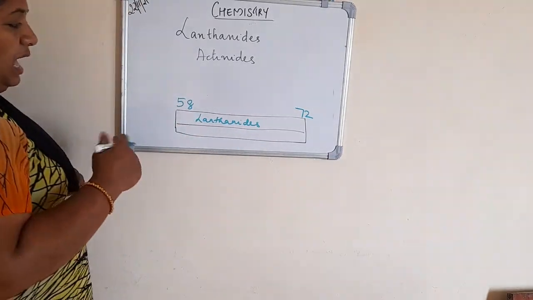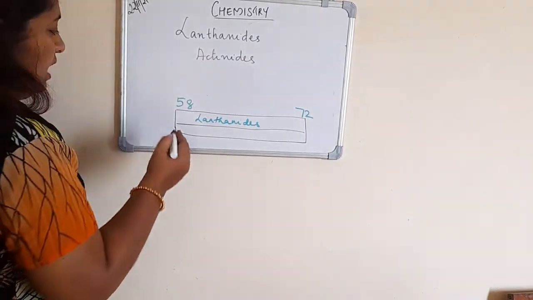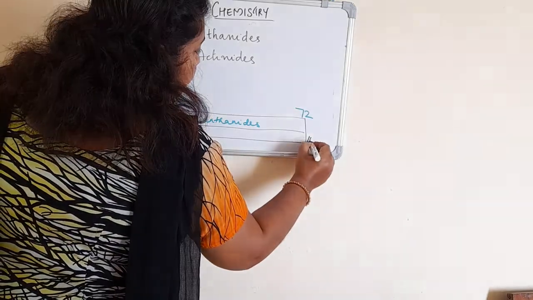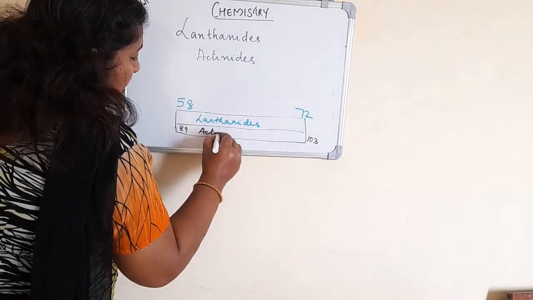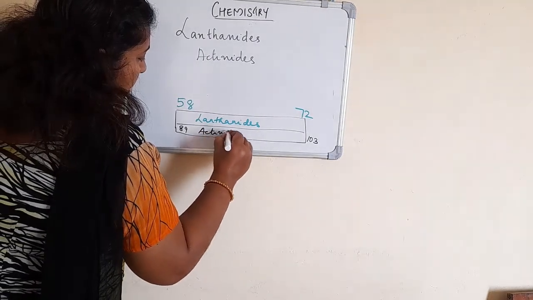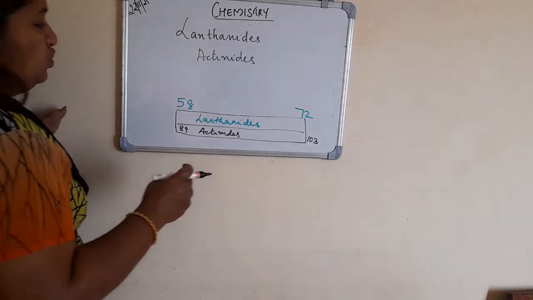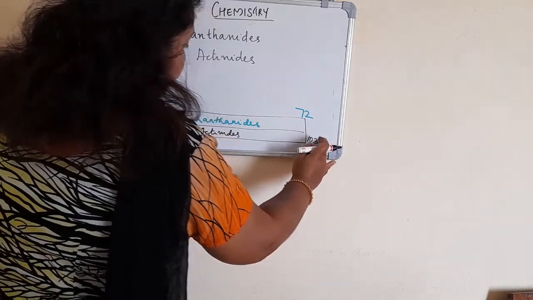Now, another group of elements is there, that is from 89 to 103. They are known as actinides. So lanthanides and actinides are those groups of elements which are kept separately at the bottom of the periodic table.